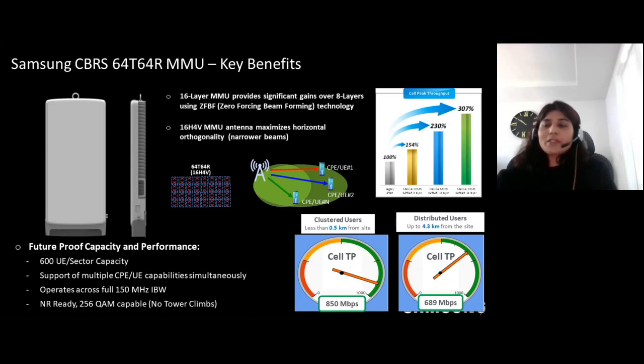Additionally, I also wanted to say that our massive MIMO system is capable of supporting multiple users, as we see 600 UEs per sector capacity, and it is very well capable of delivering the requirements of BEAD, which is 100 by 20, to multiple users simultaneously. It's a high capacity, high performance system, which we are deploying across operators within USA.